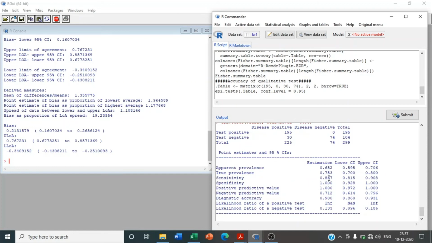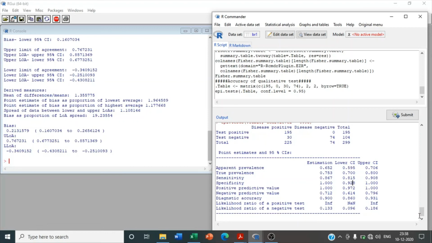If we take this threshold, the sensitivity goes down markedly, but the specificity has gone up markedly. It's 100% with a lower confidence interval of 92.8%. That means we can very confidently say that the specificity at this threshold is higher than 90%, possibly accurate enough for specificity over here.